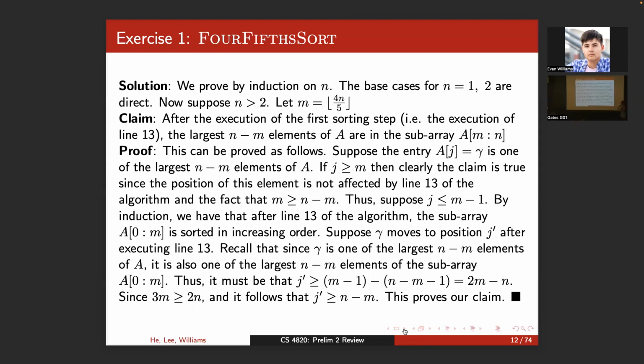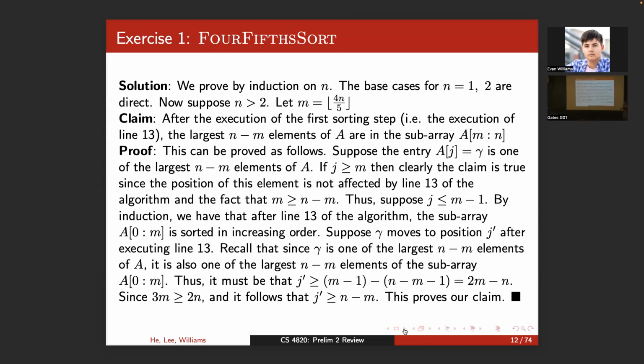The way this proof is going to work generally, I won't read it all out because you can go over these slides again later if you're confused. If we have an entry, say A at index j is equal to gamma, one of the largest n minus m elements, we want to prove that it's going to be in the subarray m to n. If j is greater than or equal to m, then clearly it's inside that subarray.